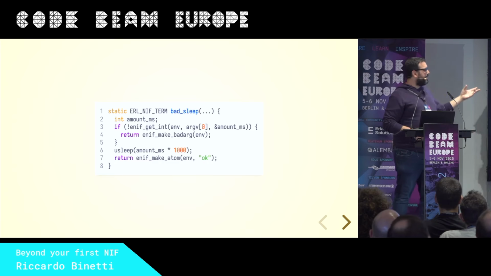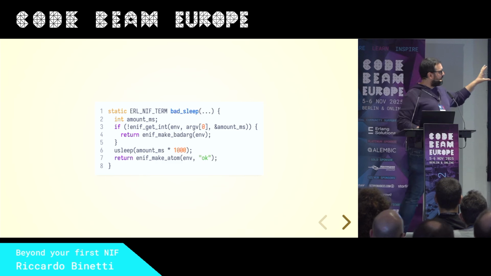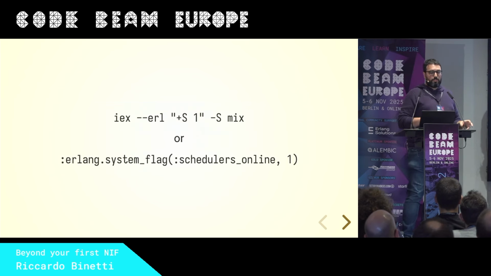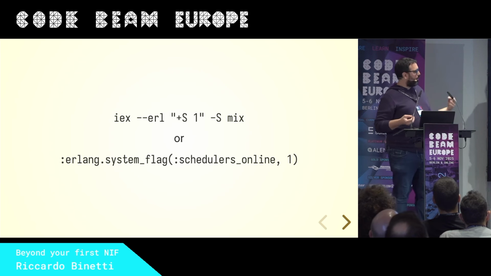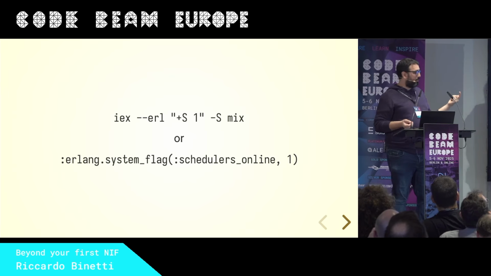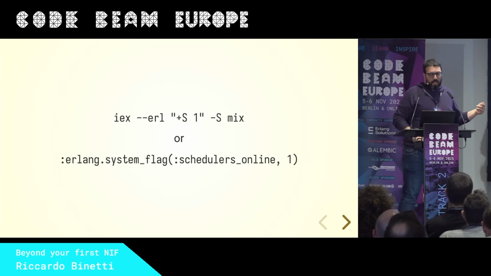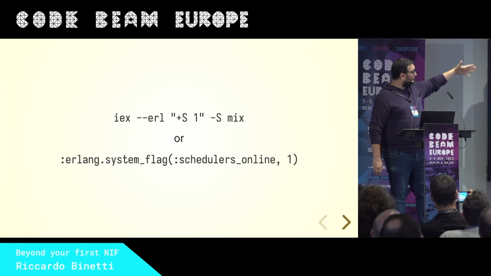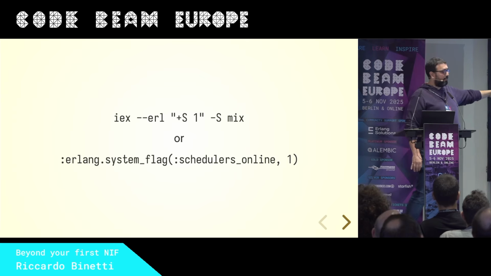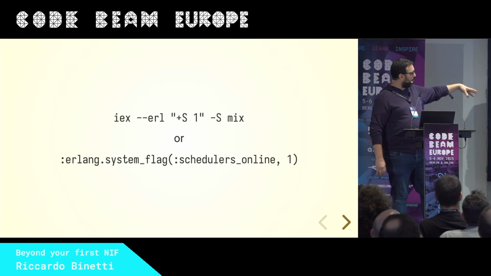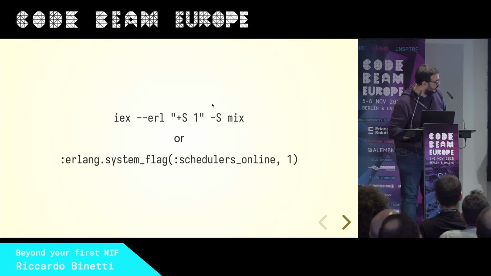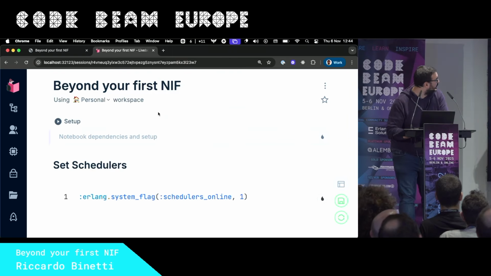So let's see what happens when this gets executed on the BEAM. To do so, we will artificially reduce the number of schedulers to 1, so the effect is more clear. You can do it at startup with the line above, or you can also do it at runtime with the line below. So let's see here a quick demo.